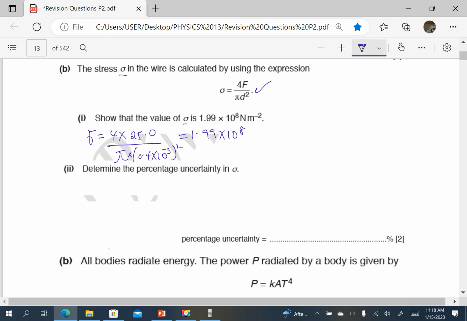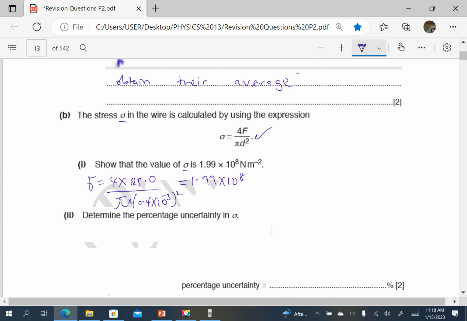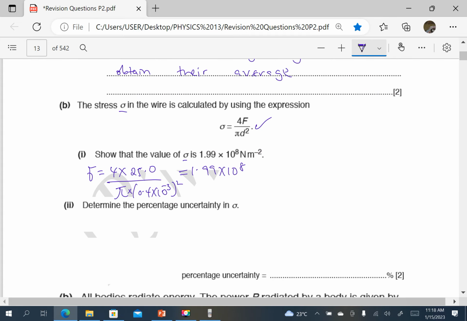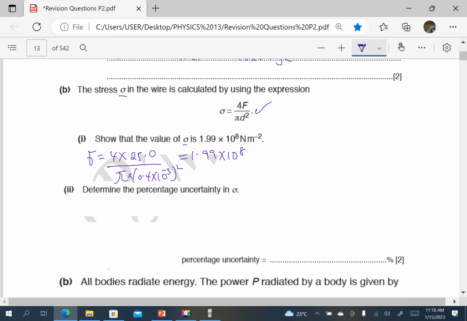Then determine the percentage uncertainty in sigma. So they gave us absolute uncertainties. So percentage uncertainty, we shall just multiply the fractional by 100. So percentage uncertainty in sigma is equal to, we ignore the constants. So it will be percentage in F, which will be delta F over F times 100 plus percentage in D, delta D over D times 100, but D is squared.